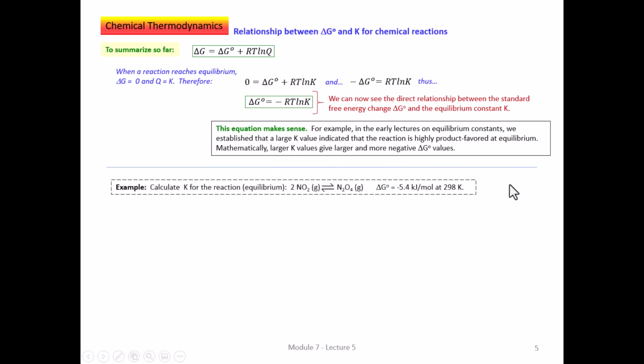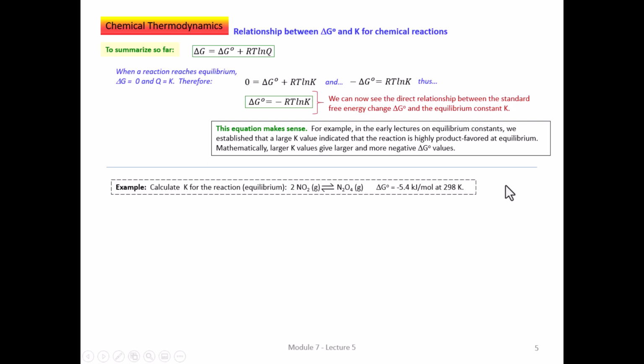Let's do an example calculation. Let's calculate the equilibrium constant K for our equilibrium, 2NO2 and N2O4.